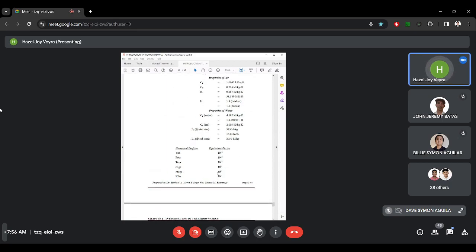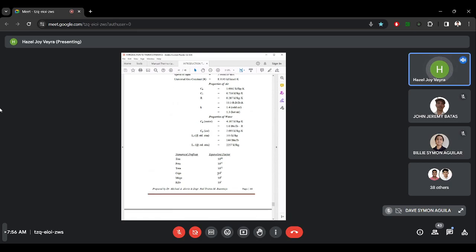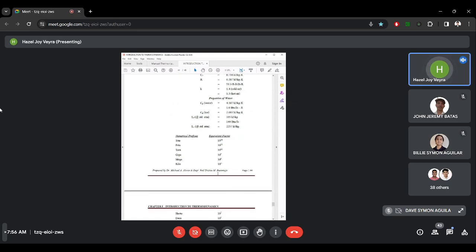So I will not give that sa exam except yung ibibigay kong substance is not air or water. So again, if the substance is yung air or water, I will not give the constants. But if the substance in the problem is different, so I will give the specific heat values.